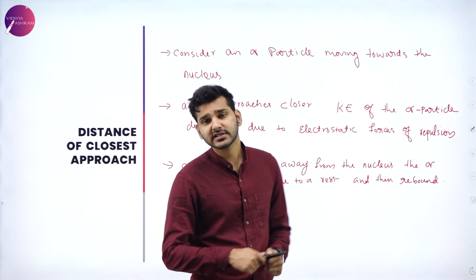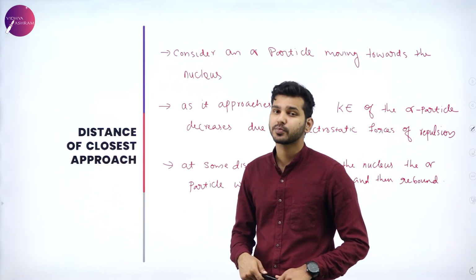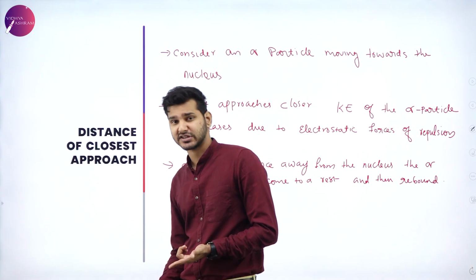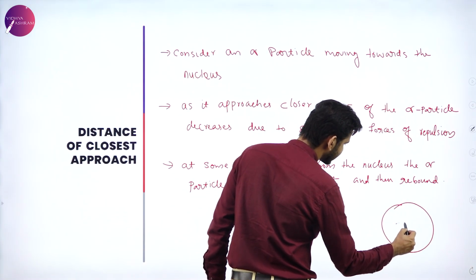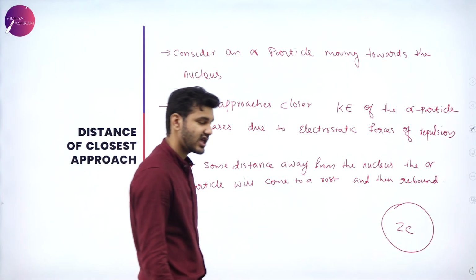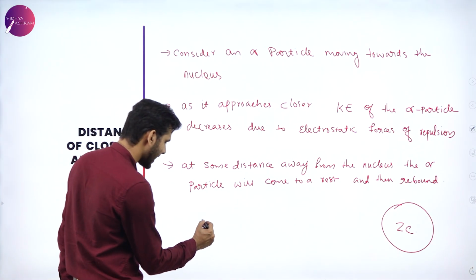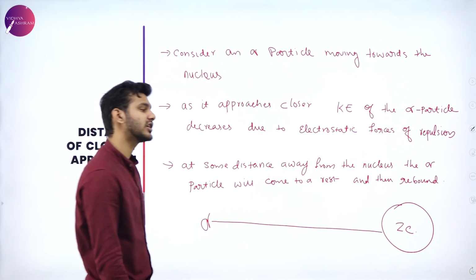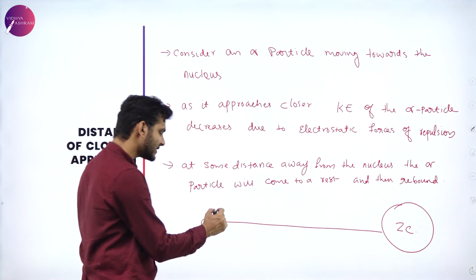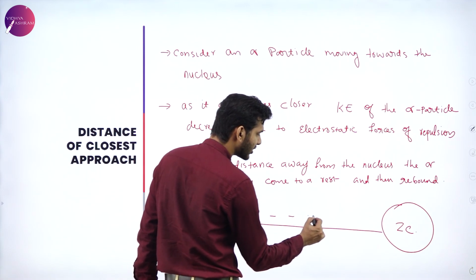The next thing is the distance of closest approach. So what is the distance of closest approach? Imagine that there is a nucleus like this, and an alpha particle is going to collide head-on with this nucleus. As it approaches near the nucleus, what happens?